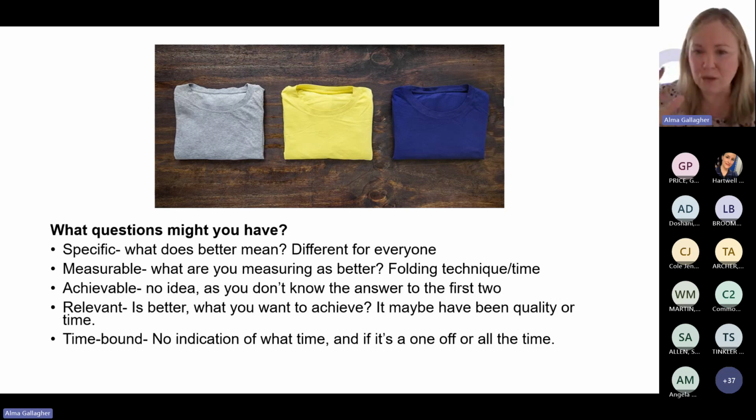So really, what was that relevance? And time-bound: there was no indication of what time. Was it a one-off, or is it something to be sustained throughout the whole of May as we head into it? So that's why it's really important that your aim statement covers some of this.